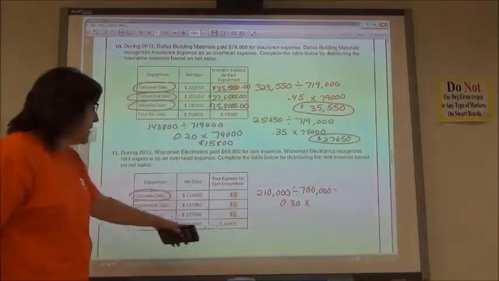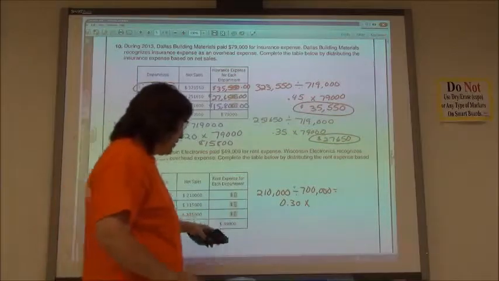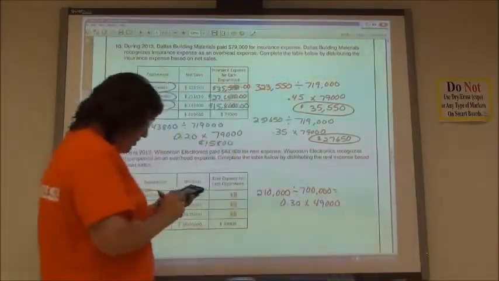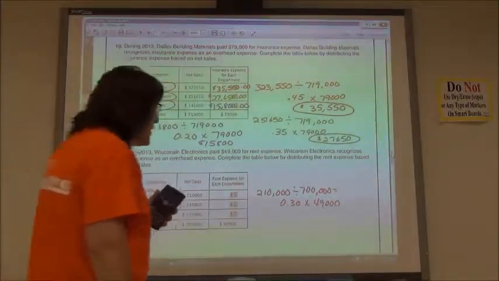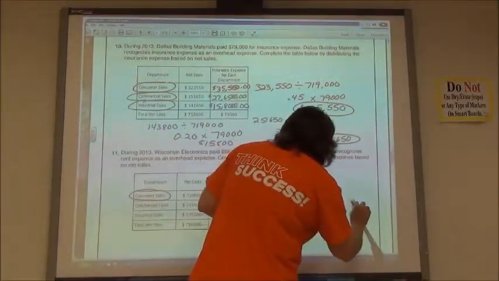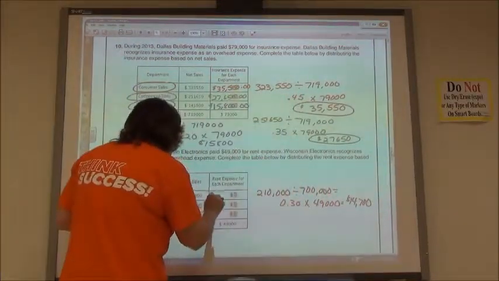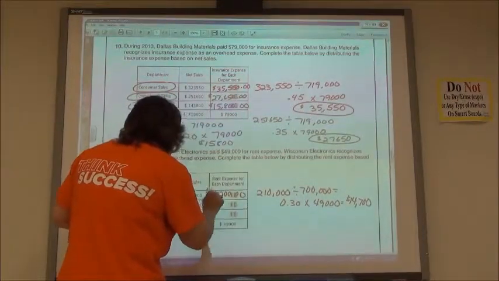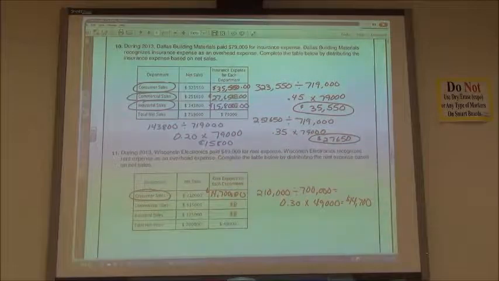So 30% of our rent we're going to charge to that department. The total rent was $49,000. So 30% of $49,000 gives us $14,700. $14,700 is what we're going to charge for the rent for the consumer sales department.